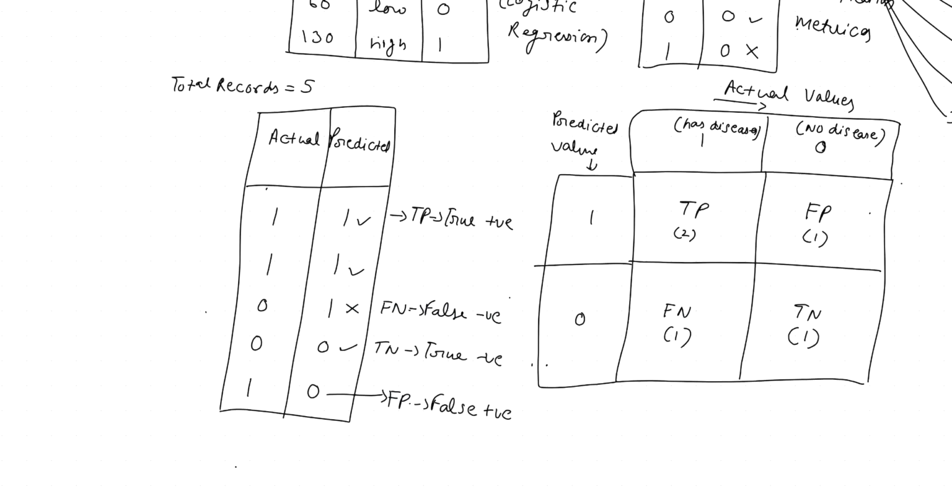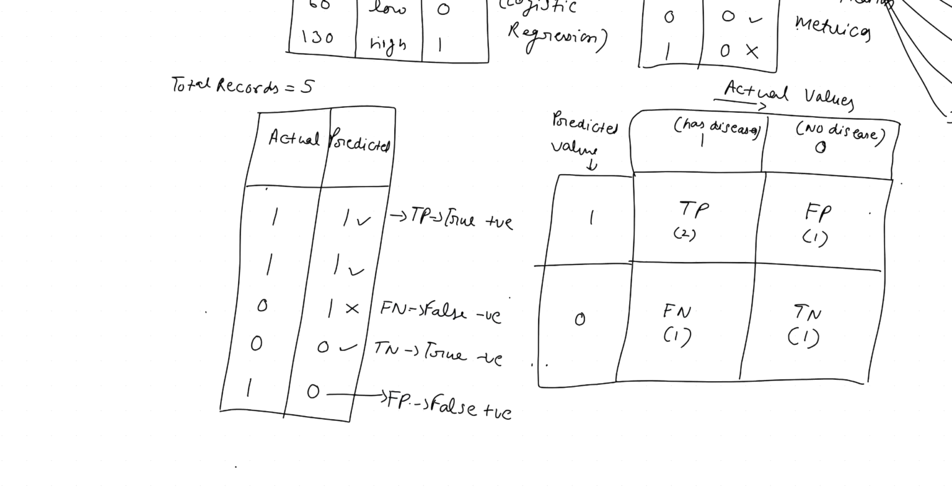In actual practice, you are not going to write it down this way because your Python confusion matrix method does this for you. My main goal is to make you understand so you can interpret the results developed by your Python methods. Once you understand true positive, false negative, true negative, everything is good.